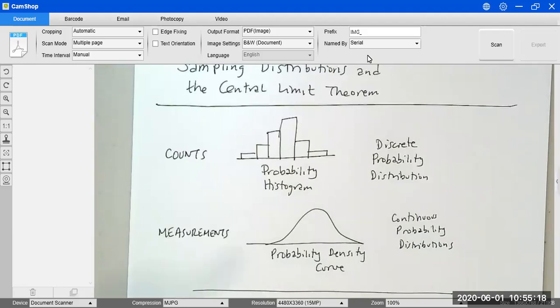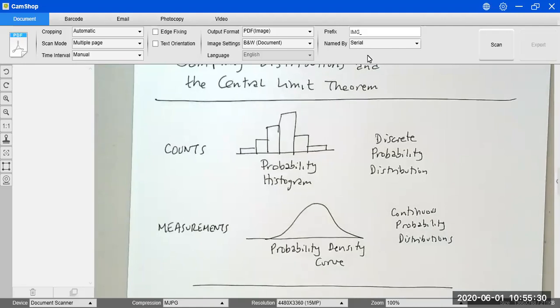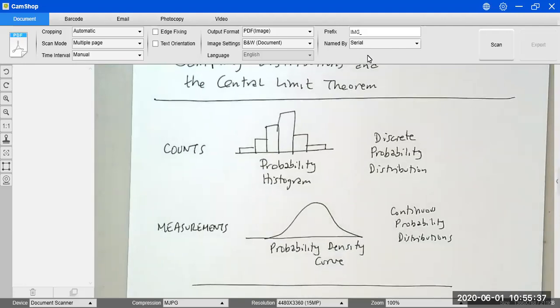Also, if you are working with measurements, this is continuous data, and you can use either a probability density curve, or you can actually use the probability distribution if you know a little bit about calculus. Otherwise, you only need to use the curve and a language like R, or a calculator like the Texas Instrument to find values for probabilities for given events.